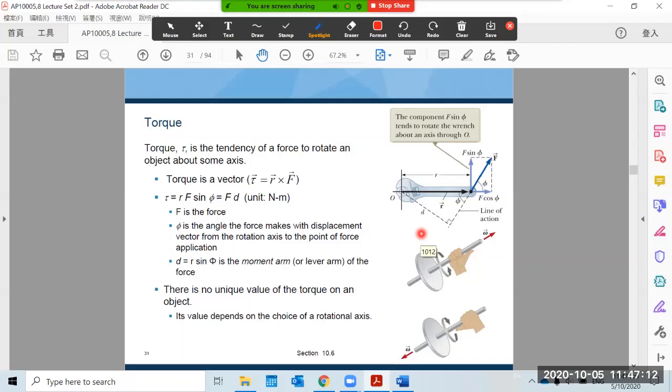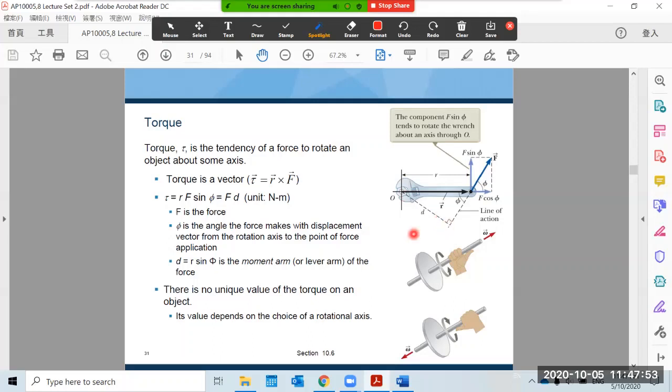But if the force is parallel to the r vector, as you would justify from your common sense, when you just apply the force along the spanner, it does not turn the nut. You can only turn the nut when the force is perpendicular to the spanner. So only the component of the force perpendicular to the r vector contributes to the torque, or the torque is just the product of the force and the perpendicular distance of the force from the axis of rotation.